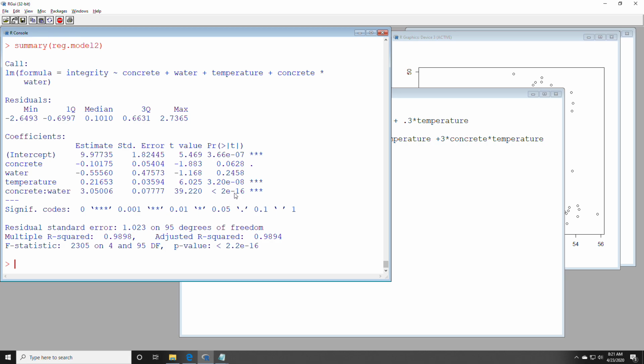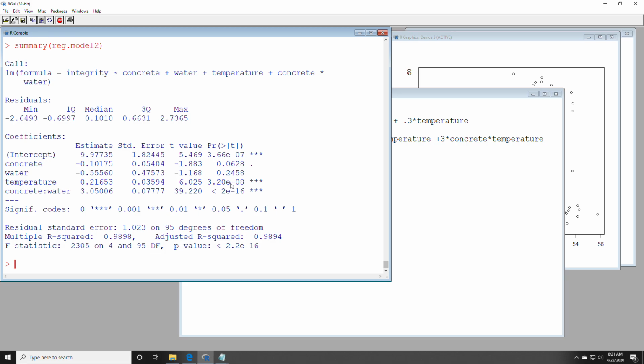Also, we're now accounting for 99% of the variability in integrity. That is a huge jump from the 82. So this alone indicates that we clearly needed this interaction, and the model is also stating that this interaction is needed. It's also stating that temperature is needed.